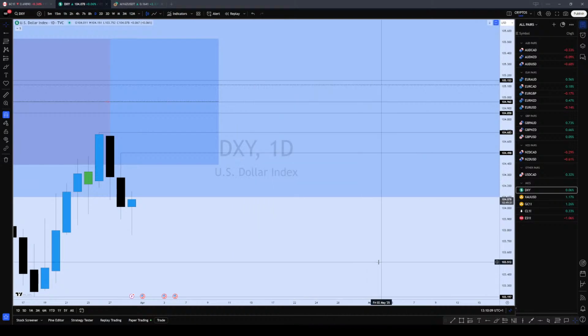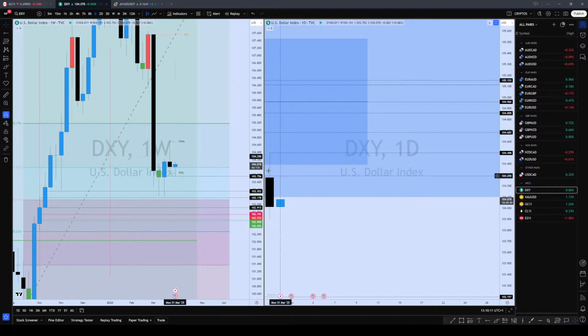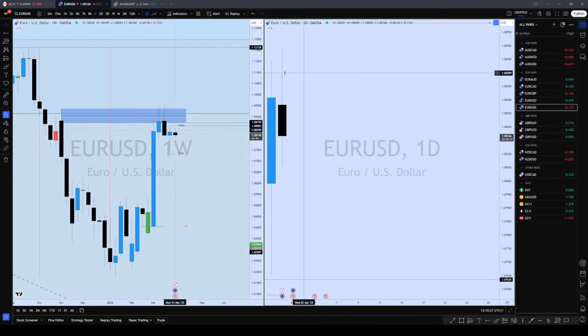Okay, so let's go back. Hence, this is why I was saying this is potentially a redistribution. Then we go one more time down. Okay, same thing over to the euro.